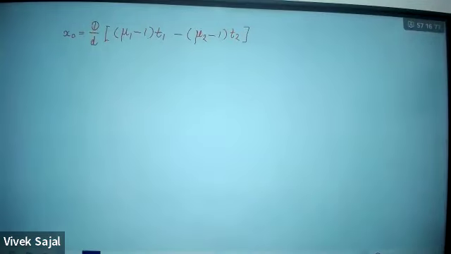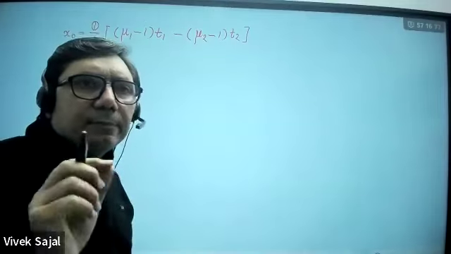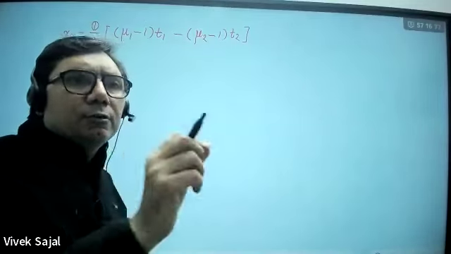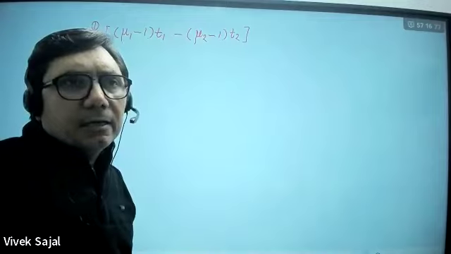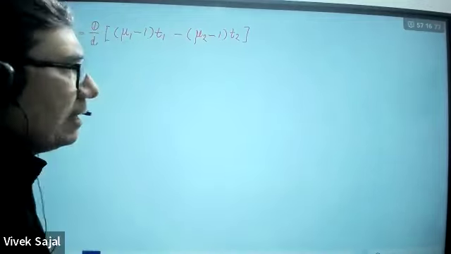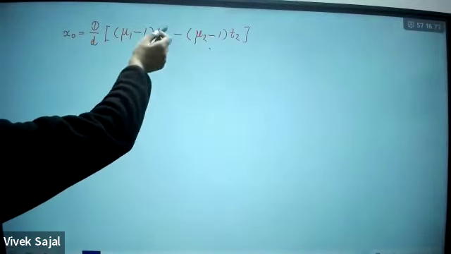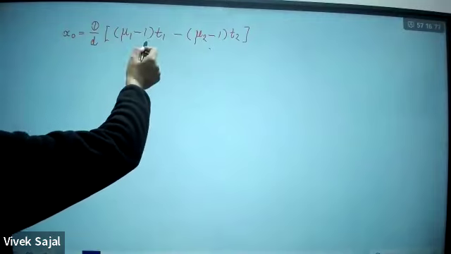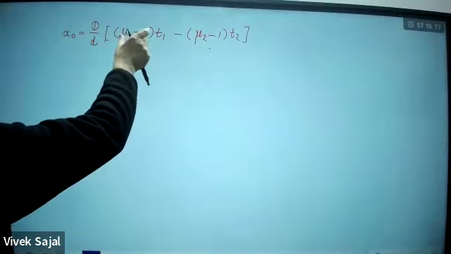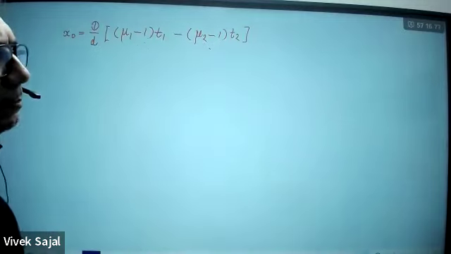Now, will the pattern shift in the upward or downward direction? It depends upon who is introducing more extra path. If the first glass plate is introducing more extra path, then this number will be greater than this, and automatically the pattern will shift in the upward direction.